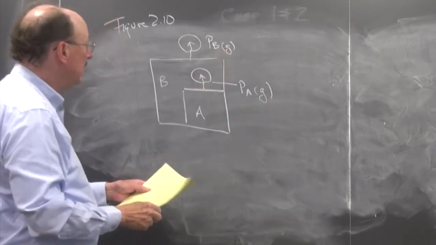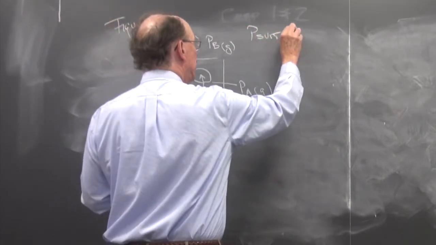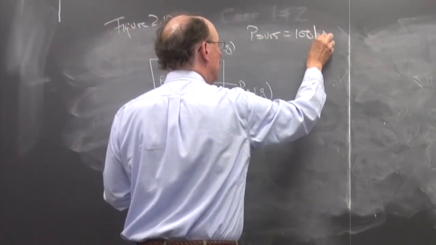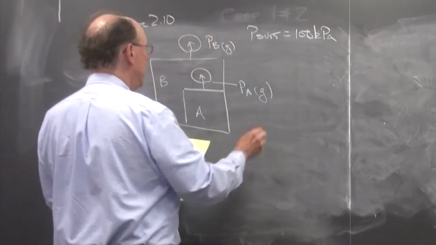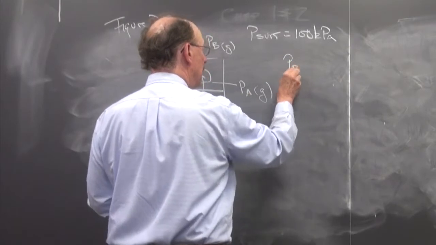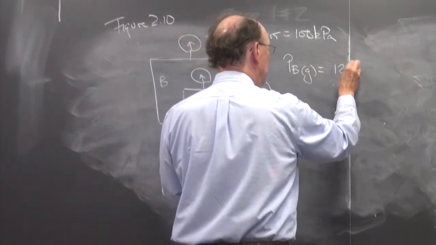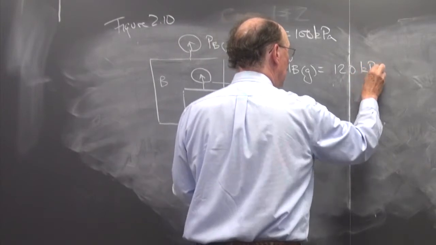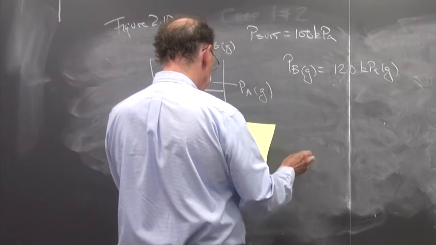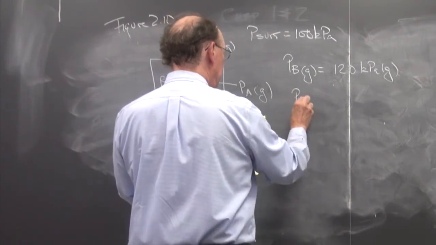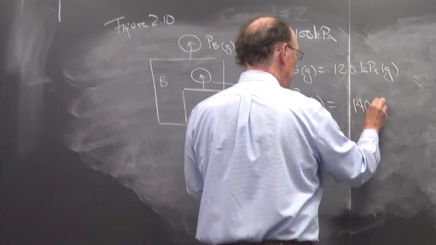Now let's say that here, P surroundings is equal to 100 kPa. And let's say that PB gauge is equal to 120 kPa gauge, and PA gauge is equal to 140 kPa gauge.